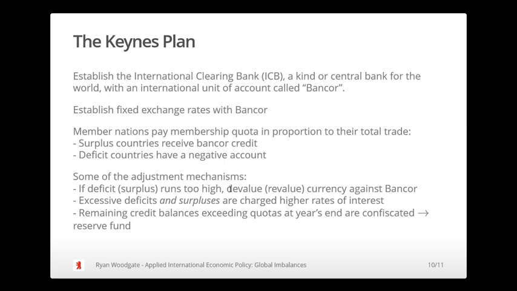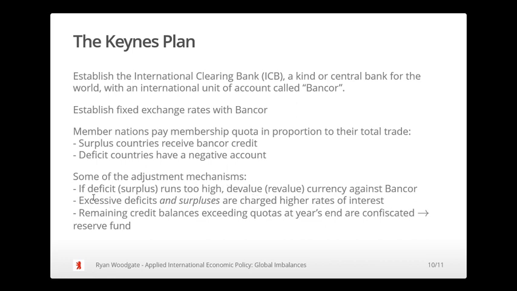Or, on the other hand, their exports will become more competitive to other countries, and therefore their net exports must rise. On the other hand, if there's a surplus country that's running a surplus in its current account that is considered too high, then it must revalue its currency such that its exports become less price competitive. So it's just a mirror image, essentially.